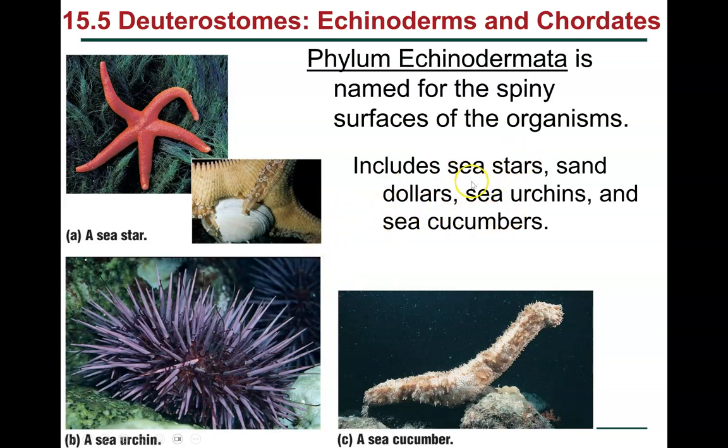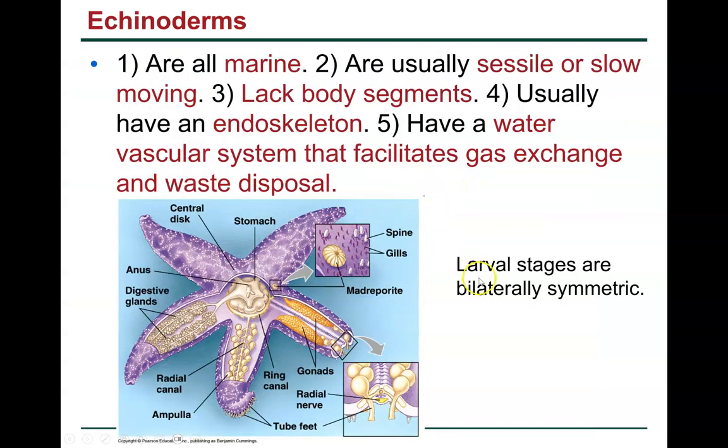If you've ever been to the ocean, I think everyone is familiar. Most people call these starfish, but they're actually sea stars. So the characteristics that I want you to know for echinoderms, there's 5 different characteristics, but you can pick your favorite 2 for the exam.